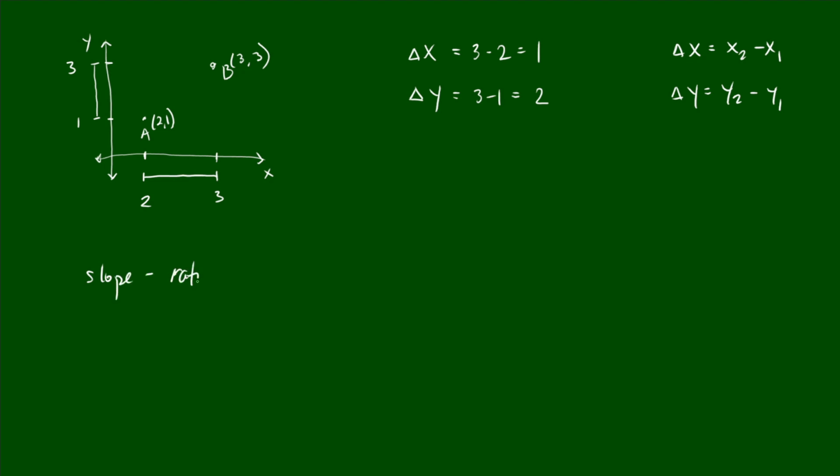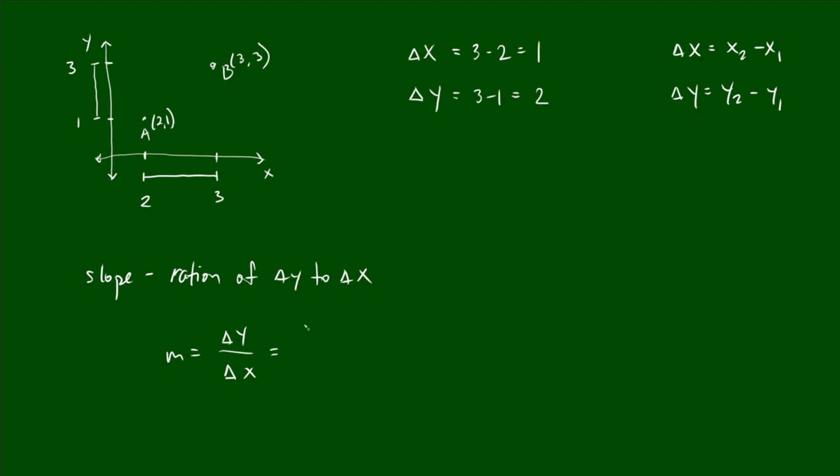Ratio of delta y to delta x, and it's usually denoted with the letter m. So m would be the slope. That is going to equal the ratio of delta y to delta x. You already know what delta y and delta x are.